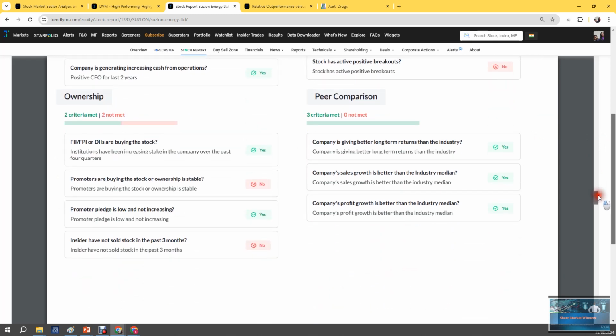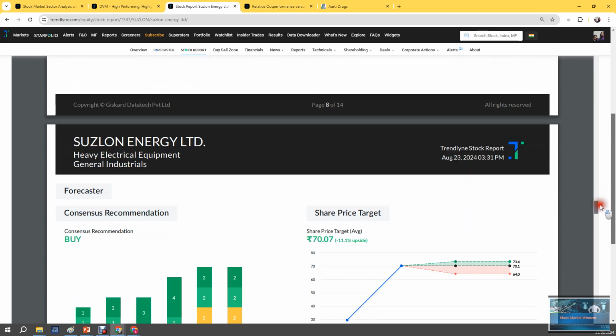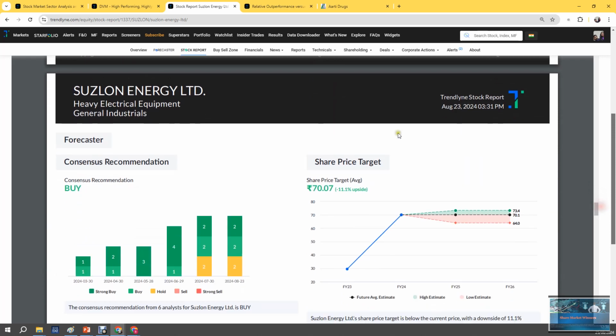They will give the scoring, and they have given the recommendations as well. Okay, so as far as Suzlon is concerned, they are saying, overall, they are giving buy, probably hold.